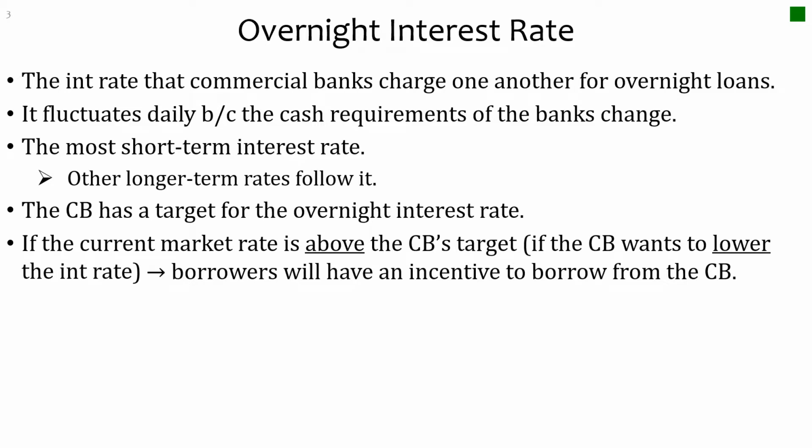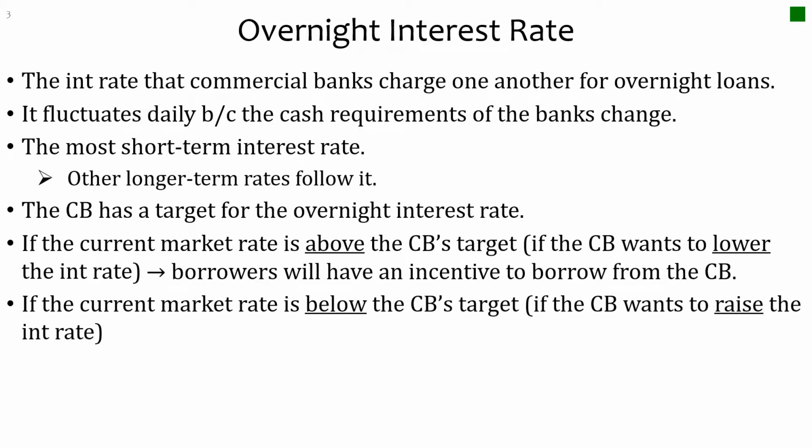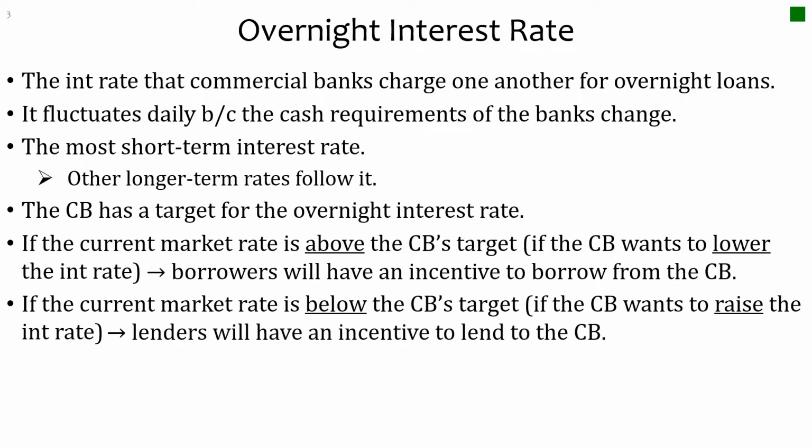If the current market rate is below the central bank's target, so if the central bank wants to raise the interest rate, they're going to raise their target, and the lenders will have an incentive to lend to the central bank. So in the first case, the central bank operates as a lender.